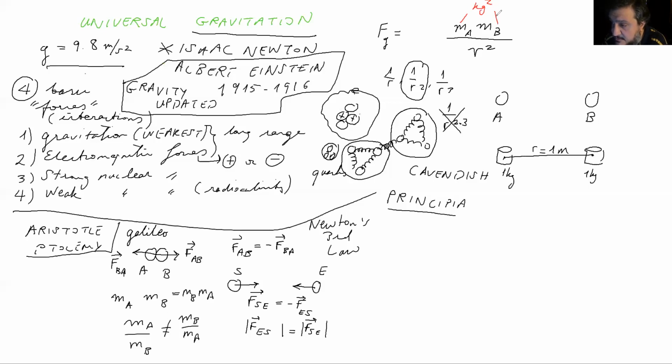My pen doesn't go all the way. Let me just erase this. It's a kilogram times kilograms, so kilogram squared. Denominator, we have meters squared. So kilogram squared over meter squared.